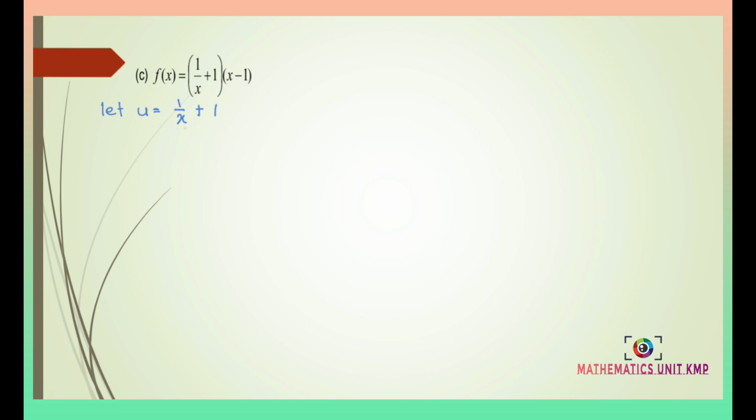To make it easy to differentiate 1 over x, we change it to x power negative 1 plus 1. And then we differentiate u, so we get negative x power negative 2. After that, we let v equal x minus 1. Differentiate v, we get 1.